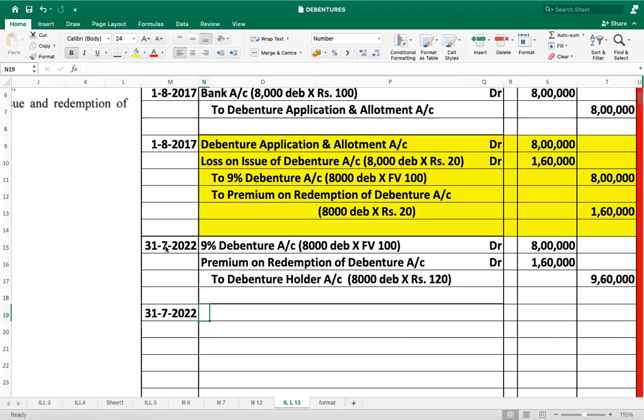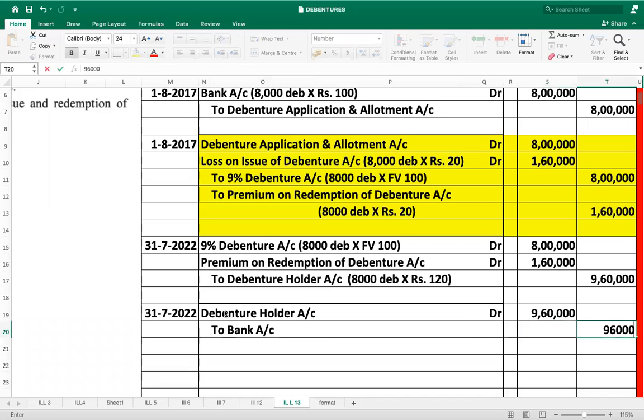And then finally, debenture holder account debit 9,60,000 to bank account. So that's it.